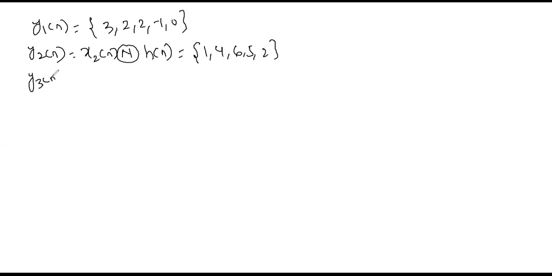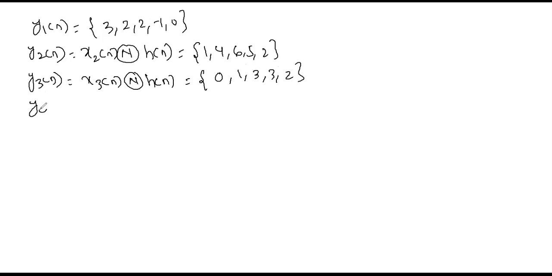Similarly, y3(n) equals x3(n) circular convolution with h(n). Do the same process and we get y3(n) equals 0, 1, 3, 3, 2. Now y4(n) equals x4(n) circular convolution with h(n). Do the same process and you will get 1, 1, 1, 0, 0.